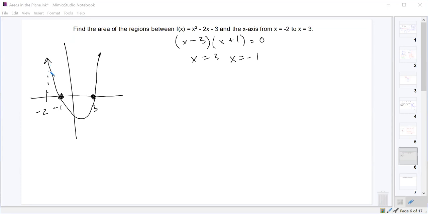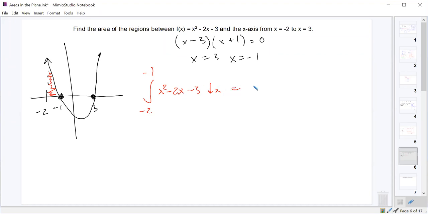Yes. Good. So first off, we will integrate x squared minus 2x minus 3 from -2 to -1. That value should come out to be positive since that region is entirely above the x-axis.